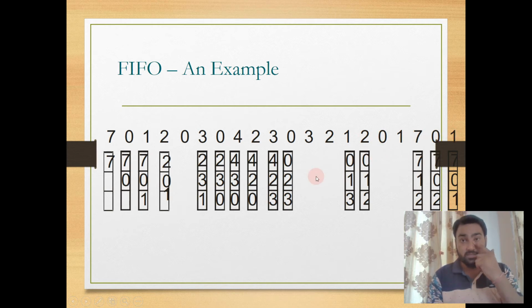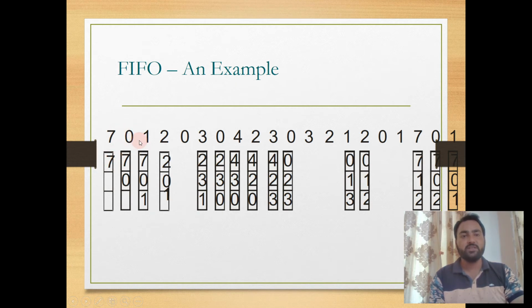This string is required to be loaded into the physical memory with frame sizes of 1, 2 and 3. So we'll start from the first, as the algorithm says first in first out. We will start putting the pages in the frames. First we'll choose 7 and put it in the empty frame in the physical memory.